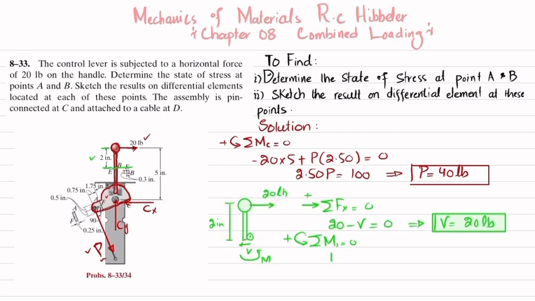So I will write M minus 20 into 4 is equal to 0. So M will be equal to 80. Okay, 20 into 2. Sorry, not 4. This is 2 inch. So 20 into 2, which is equal to 40 pounds into inch.